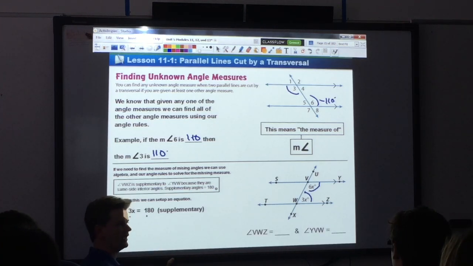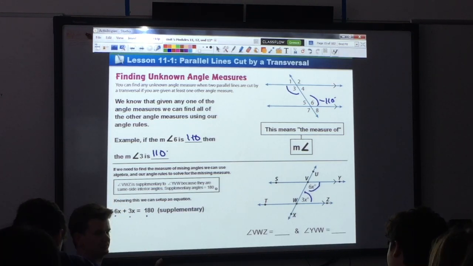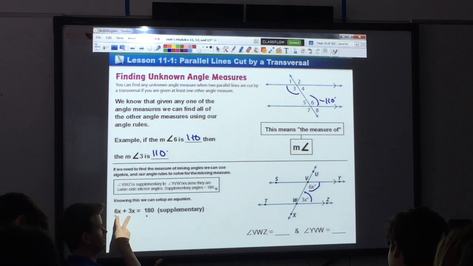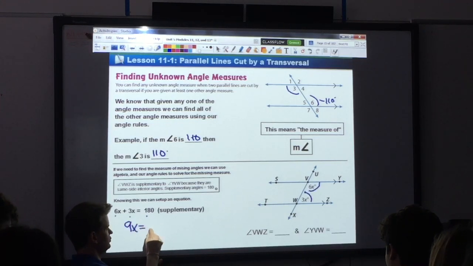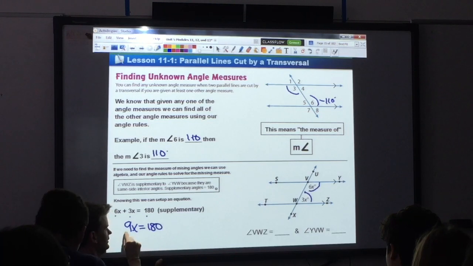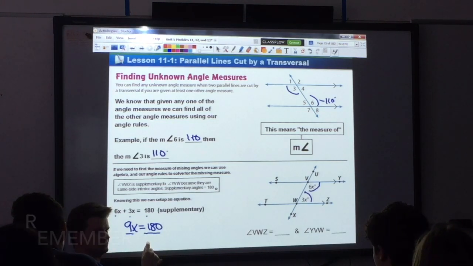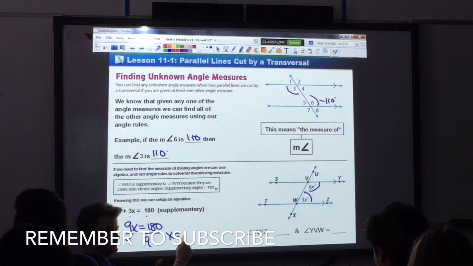How would you go ahead and solve this, Madison? What would you do to solve this equation? First thing you should do is combine like terms. You can combine these two, right? 6x plus 3x gives me 9x. We have 9x equals 180. And then we would divide both sides by the coefficient, which is 9. And that gives me x equals 20.